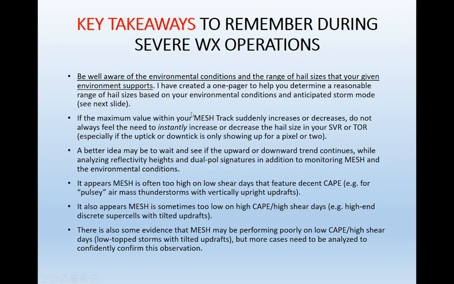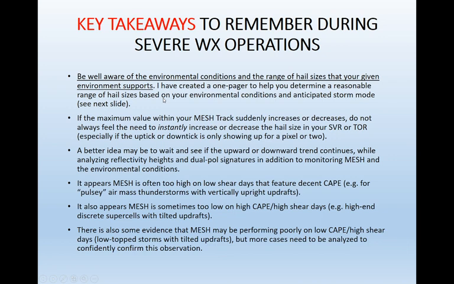So to summarize my talk, here are my key takeaways that I'd like you guys to remember, if anything, from this study. I would say always be well aware of the environmental conditions and the range of hail sizes that your given environment actually supports. So always mentally have that in the back of your mind.